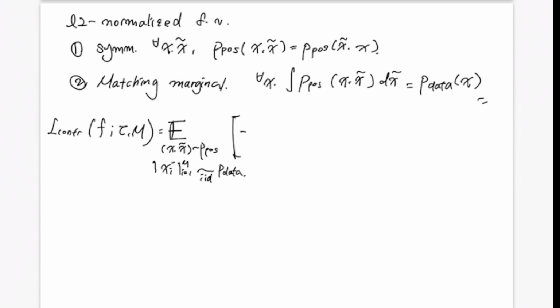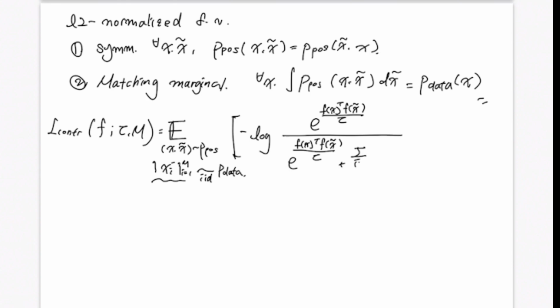And we can write here minus log. Since we separate the negative samples here, the equation is like expectation f(x) transpose f(x tilde) over tau, and we have exponential f(x) transpose f(x tilde) over tau plus summation from i equal 1 to m exponential f(x) transpose f(x minus i) over tau.